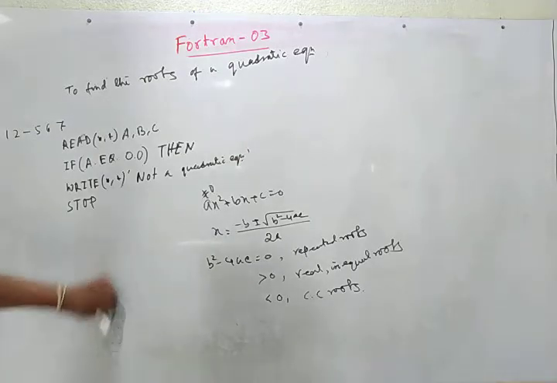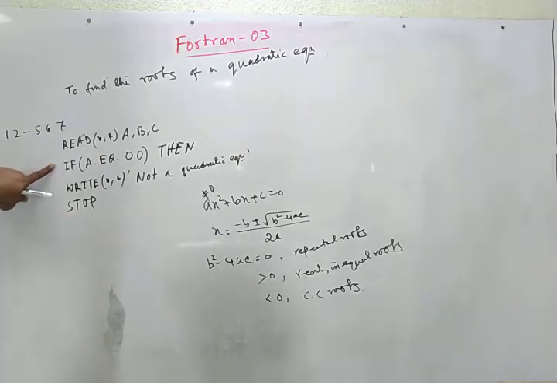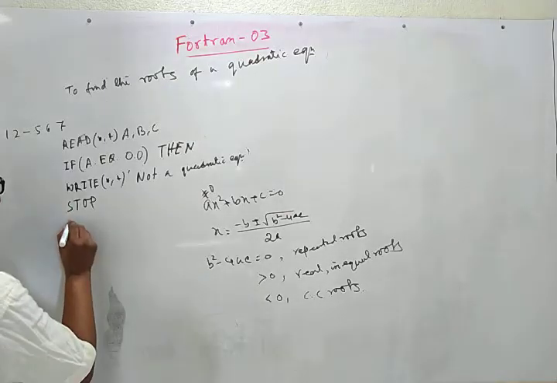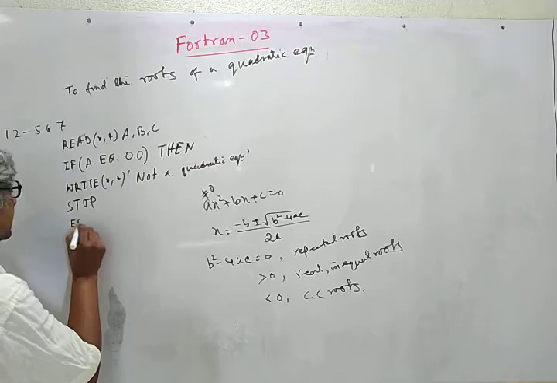In this case, if someone provides the value of a to be 0 by mistake, the program will give you a warning that this is not a quadratic equation as a is 0, and the program stops. And we must write else and end if.